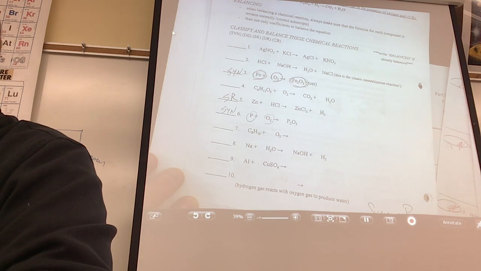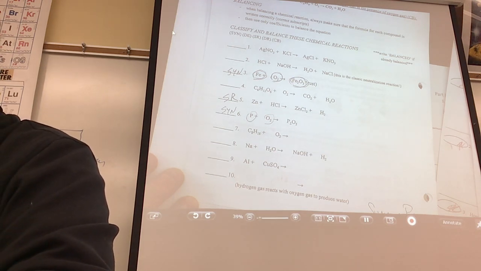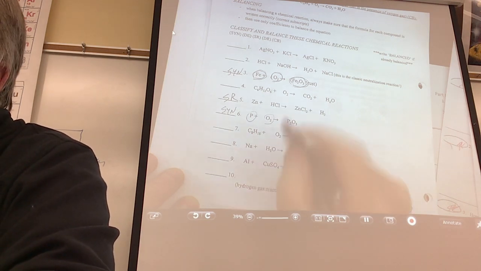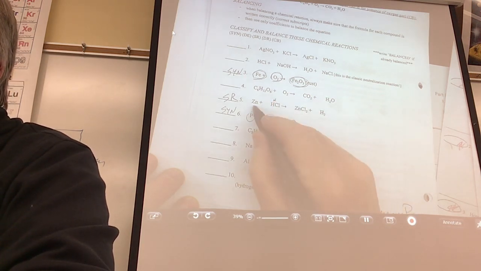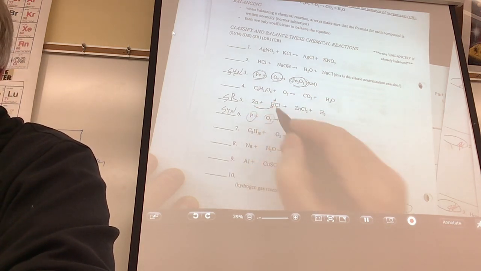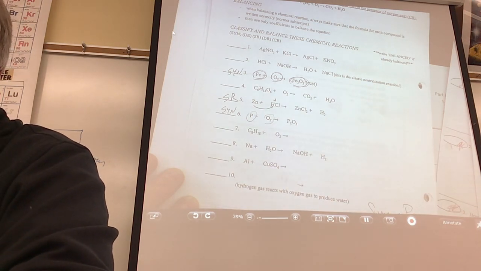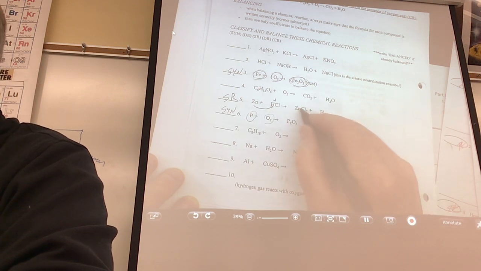The metal is kicking out the non-metal. Well, unfortunately, even though hydrogen is a non-metal, what is the charge of hydrogen in this compound? And so zinc is going to kick out the positive ion, even though hydrogen is a non-metal. Sorry. So it is going to kick hydrogen out and form a compound with chlorine.